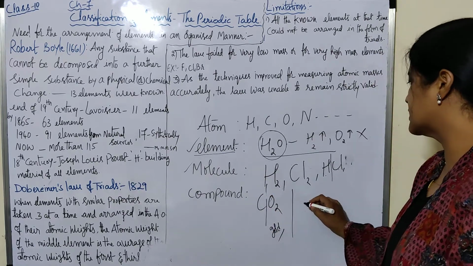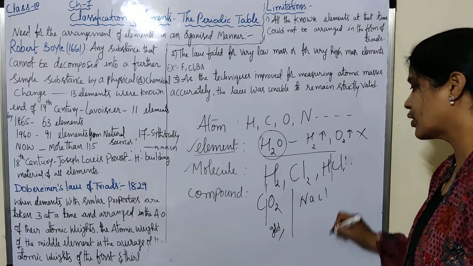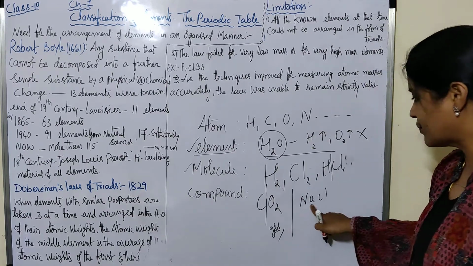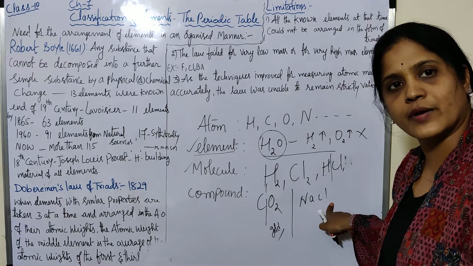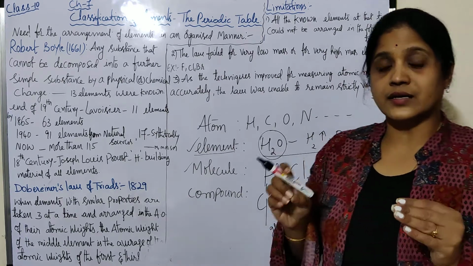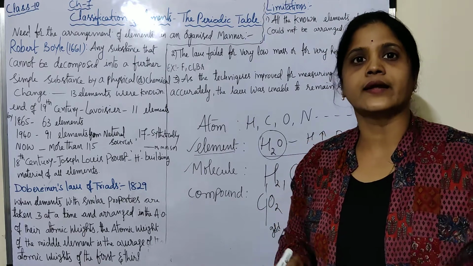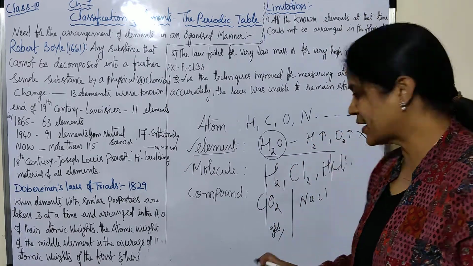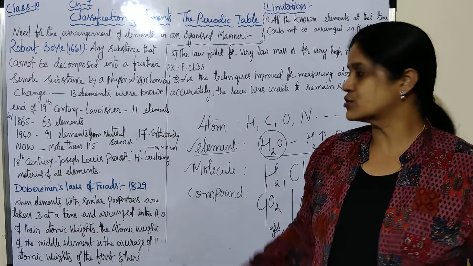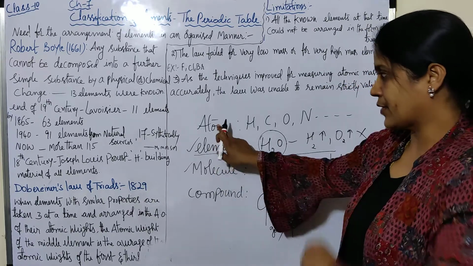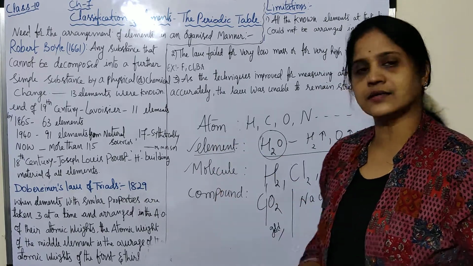One more example is sodium chloride, the sodium element and the chlorine element. Two or more types of elements combine and form a compound. So this is about atom, element, molecule and compound.